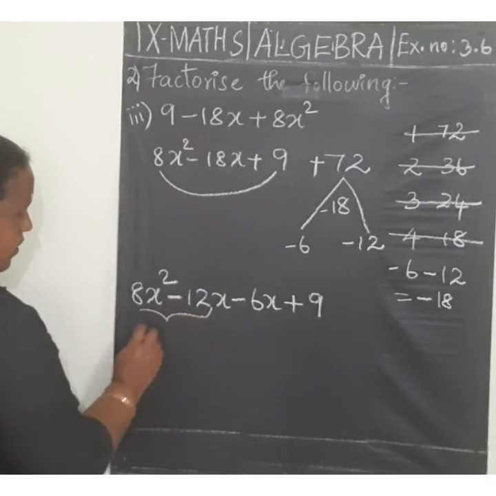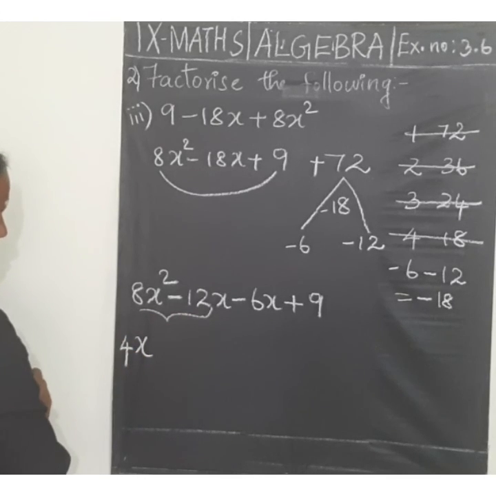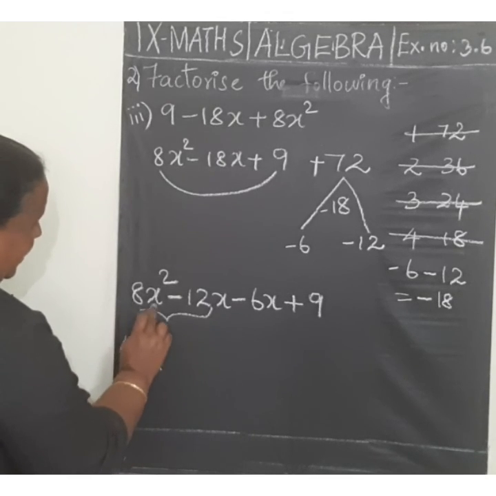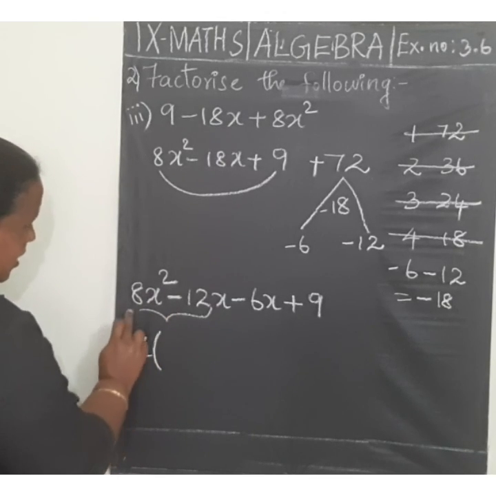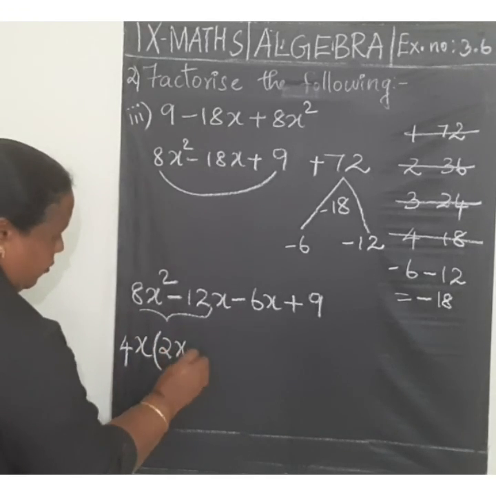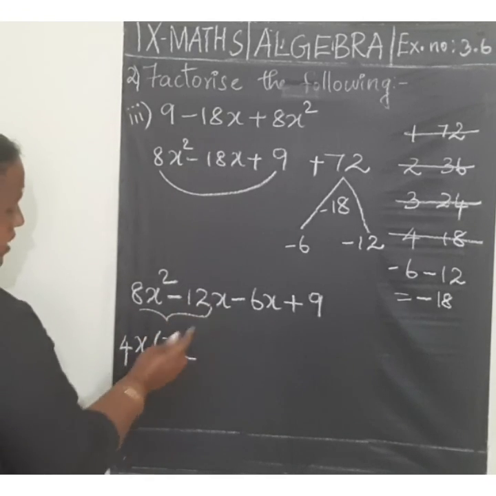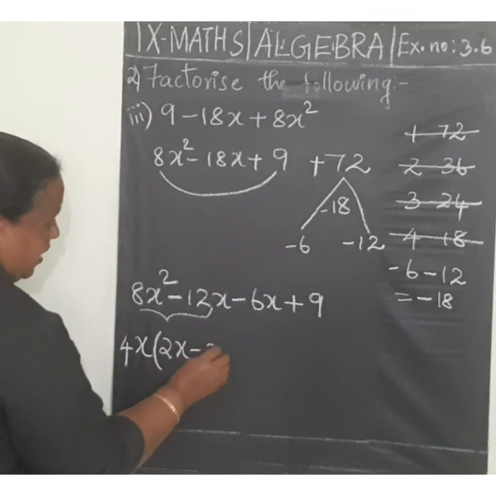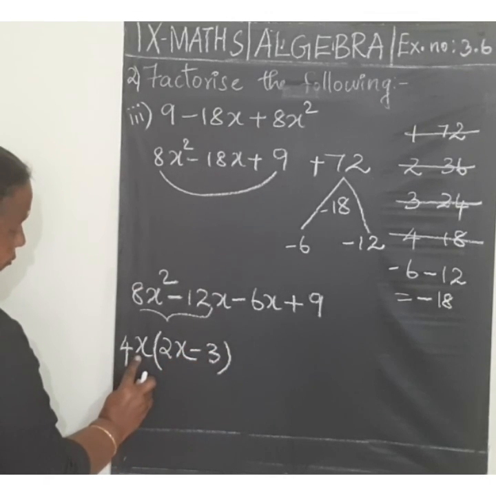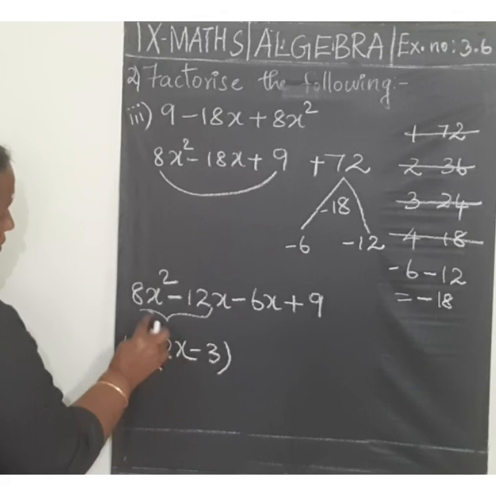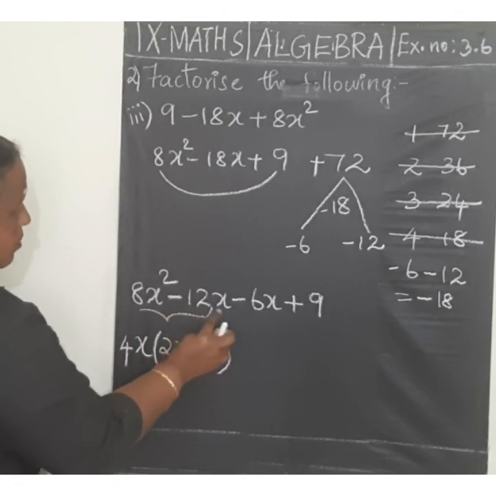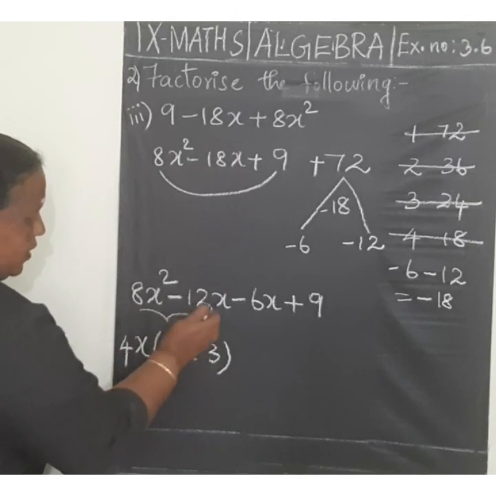For 8 and 12 we can take 4 as common outside. So 4x into, in the 8x squared we have taken 4x, so the remaining is 2x. Now in the 12x we have taken 4x outside, so here minus 3. Now multiply: 4x into 2x is 8x squared, and 4x into minus 3 is minus 12x. We are getting the first two terms.